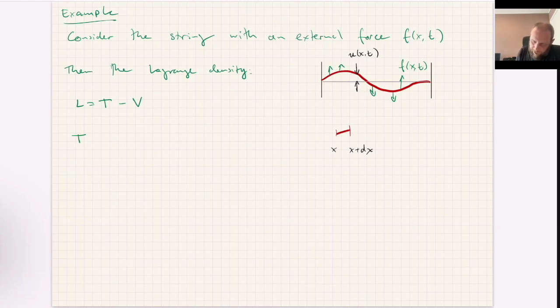The mass here, the m, we write it as the length density times dx, right? So the kinetic energy is going to be the m multiplied by how fast this particular piece of string moves, but the speed here is the time derivative of the displacement.